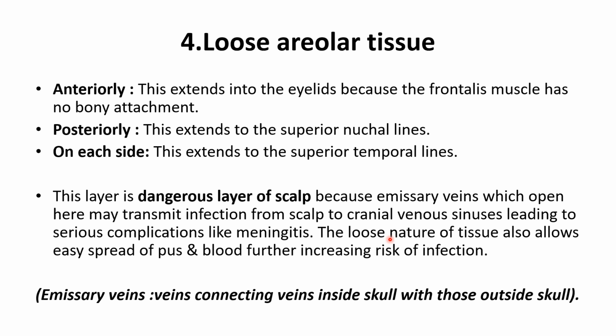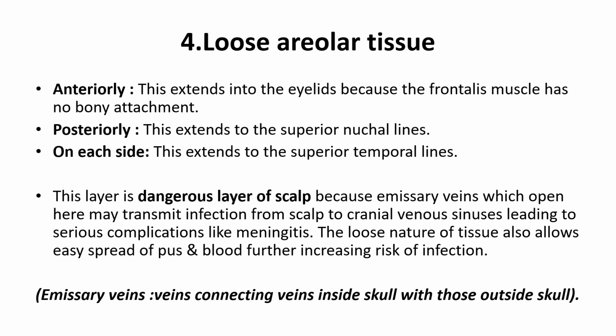Also, the loose nature of the fourth layer allows easy spread of pus and blood, further increasing the risk of infection. So that is why this layer is called the dangerous layer of the scalp, because if infection is there, it can spread to inside of the skull and involve the cranial venous sinuses, causing meningitis, which is a very serious complication.